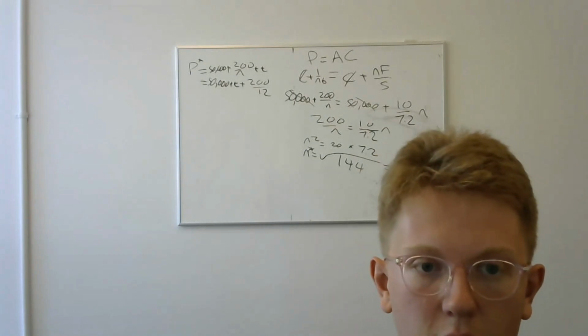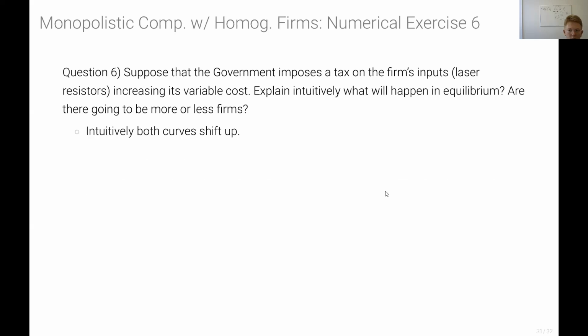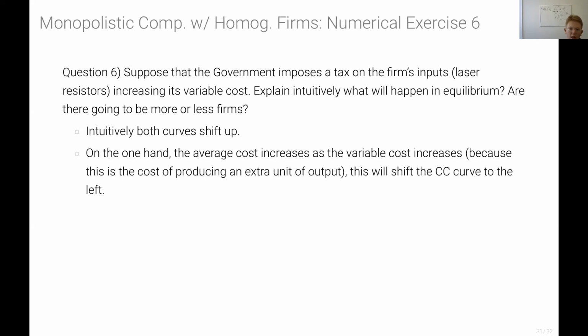Okay, so let's go through the slides. Both curves are going to shift up. If variable cost increases, average cost is going to increase, because this is the cost of producing an extra unit of output, and this is going to shift the CC curve to the left on the graph.